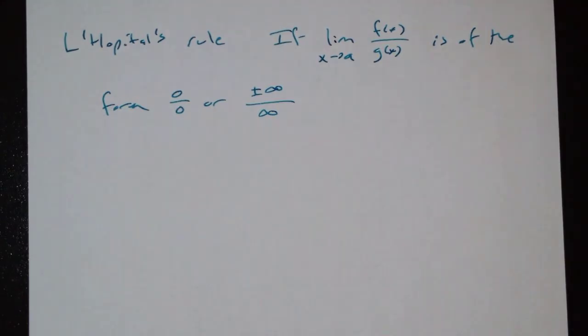If I do a limit and I get 0 over 0, or infinity over infinity, doesn't matter what the signs are.